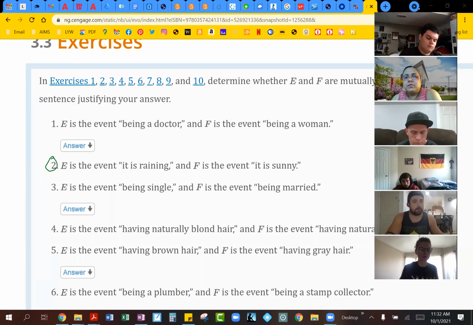Well, at least some clouds. Okay, so you're saying if it is sunny, then it cannot rain? Okay. What about anybody else? What do you guys think? Are you in agreement with Logan, or do you have a different point of view?